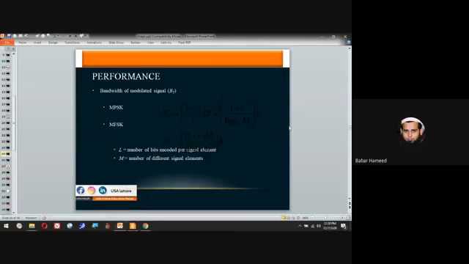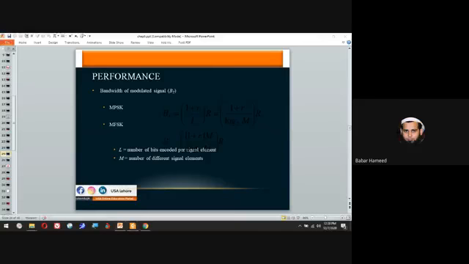Multi-level PSK, you can see here, it is equal to 1 plus R over L times R, and L is equal to log 2 of M. And you know what is L? Number of bits encoded per signal element, and M is the number of different signal elements.